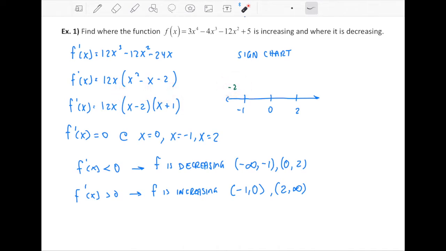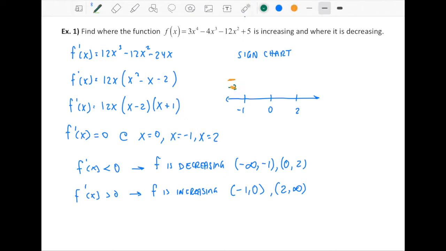Plugging -2 into 12x gives something negative. Plugging -2 into x minus 2 is -2 subtract 2, negative. Plugging -2 into x plus 1 is -2 plus 1, negative. We have 3 negatives, so the whole thing is negative.